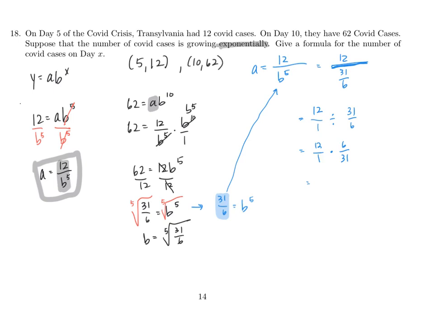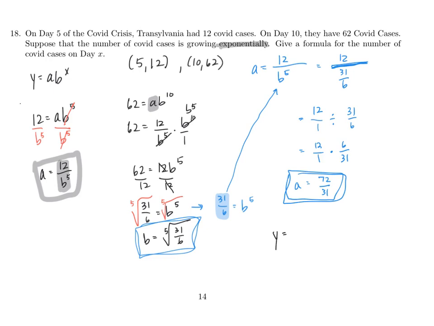So let's see, 12 times 6 is 72 over 31. So that's A. So A is 72 over 31. All right, so now we have a number for A. We have a number for B. And so we're going to use those numbers to write our equation.